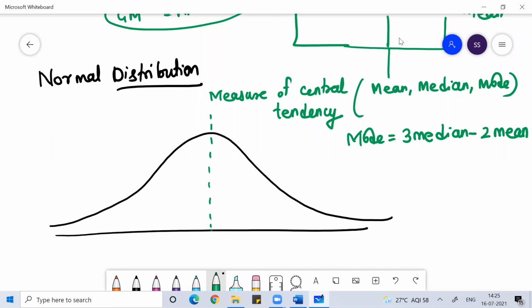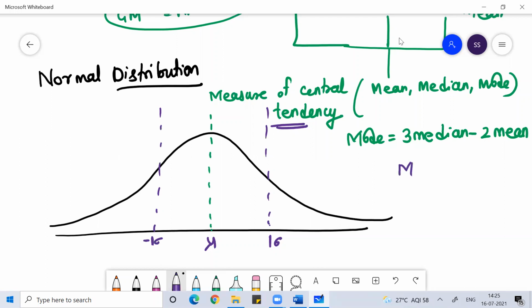Once we have studied the measure of central tendency, the next thing we need to study is the measure of dispersion. Central tendency we represent by mu, and dispersion I can represent in terms of sigma. There are different terms of dispersion.